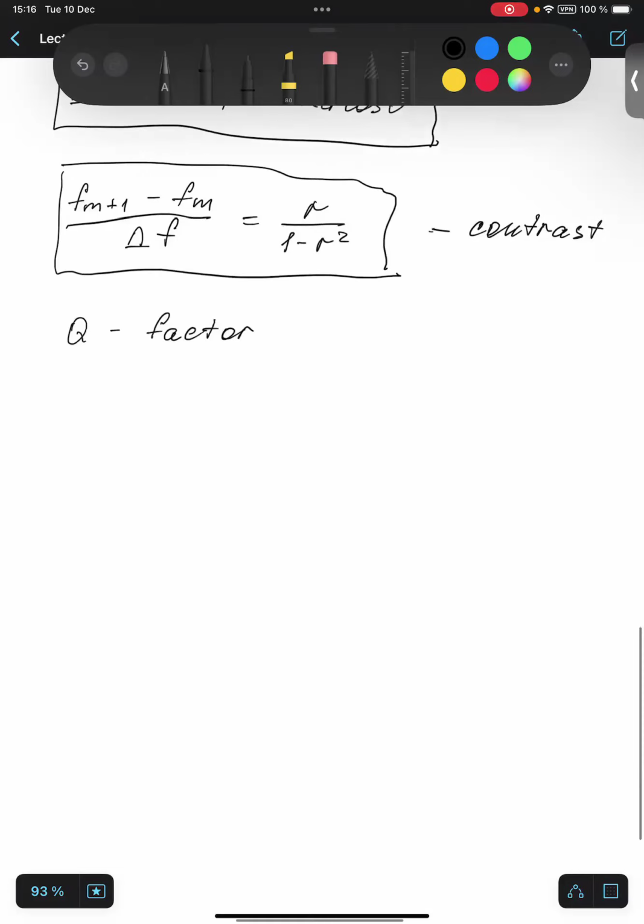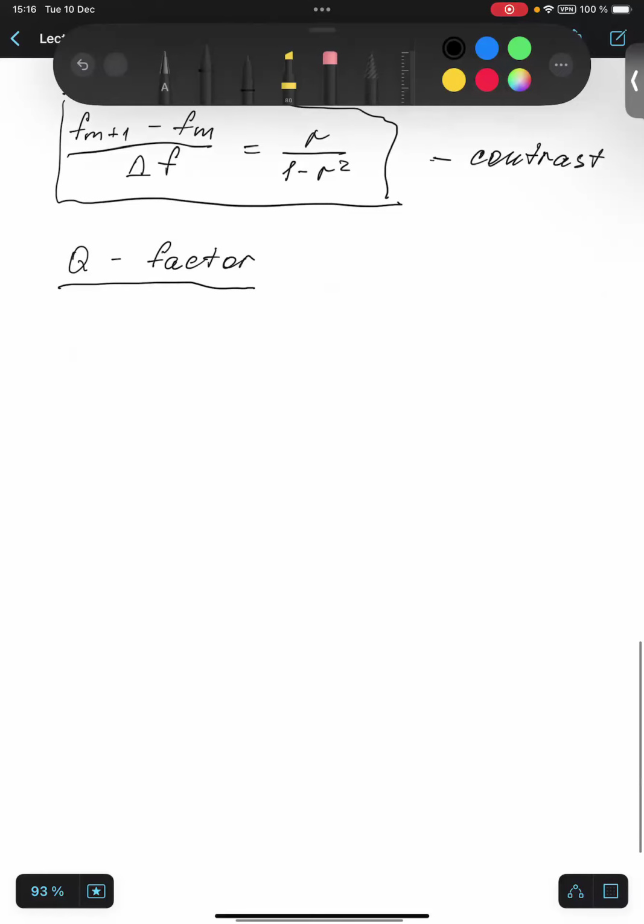I think most of you already know something about Q factors, but now let's consider the Q factor of a Fabry-Perot resonator. In order to find the Q factor, we must look at our scattering matrix.